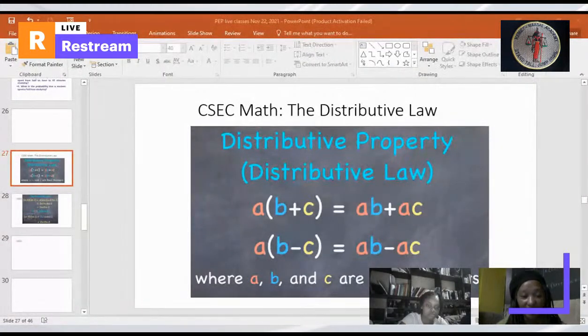Very popular, very well used in algebra, and one way of saying it is we expand the brackets.